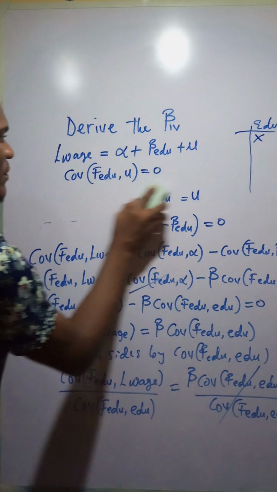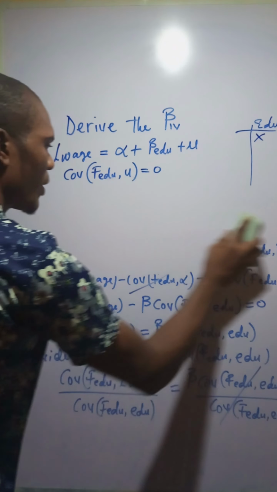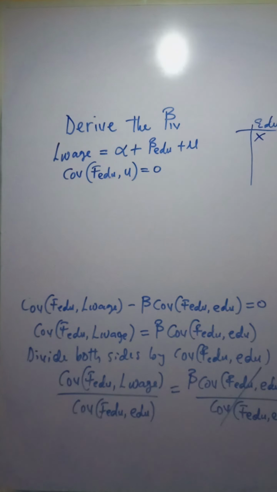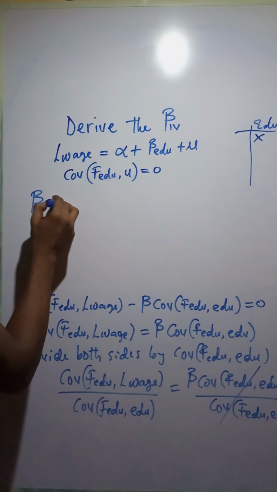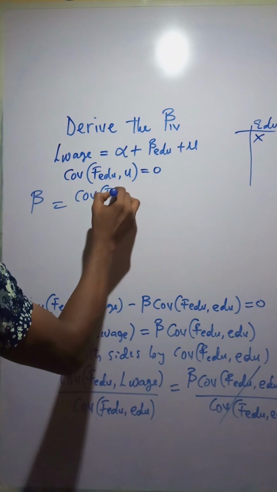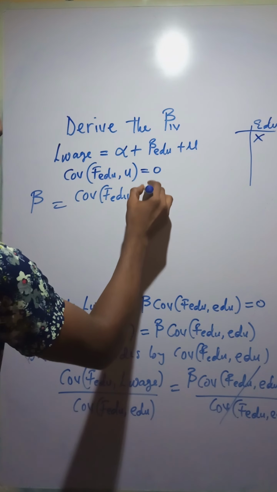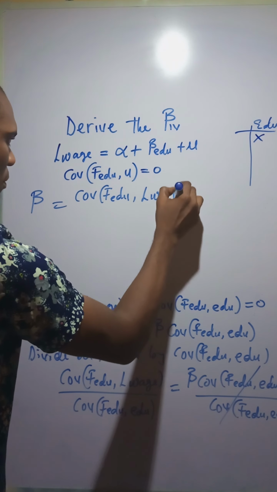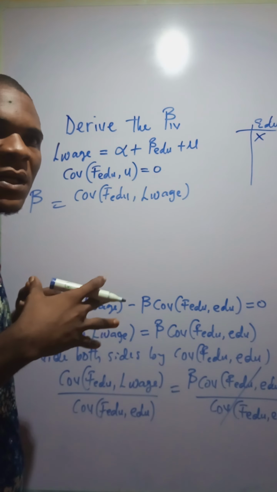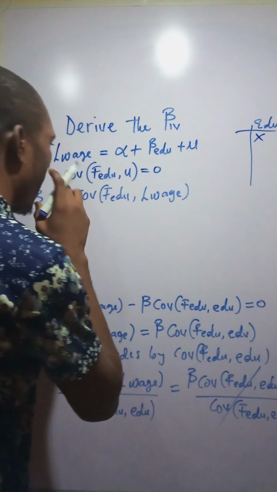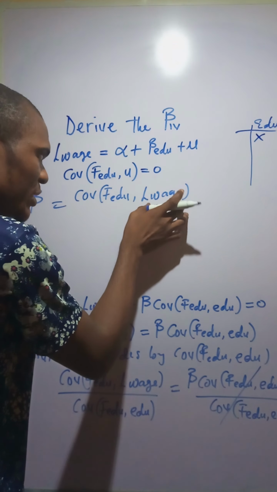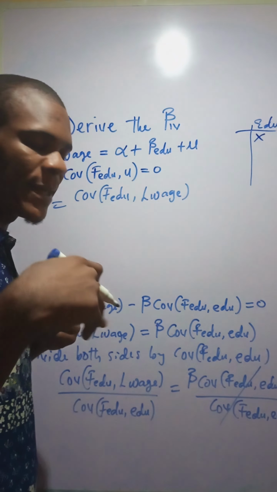Now, if you are left with just beta, what then are you going to do? All right, so you are left with beta equals covariance father education labor wage over covariance father education education. Remember, this labor wage is the dependent variable y.